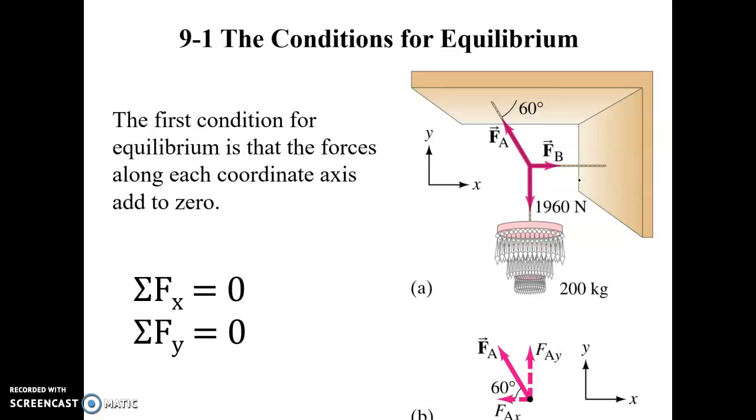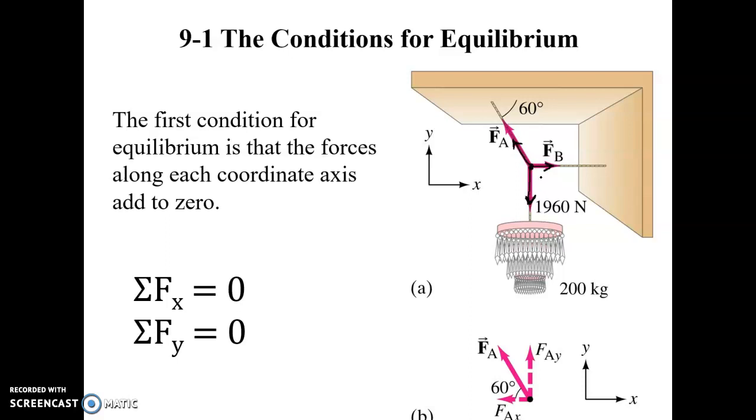Where it becomes a little bit more complicated is something like this, where we have a chandelier hanging from a cable that splits in two directions. We have a horizontal cable holding the chandelier to the side, and then this one, it's not exactly vertical, it's diagonal, but it has both a vertical and horizontal component to it. This cable A is holding it up.